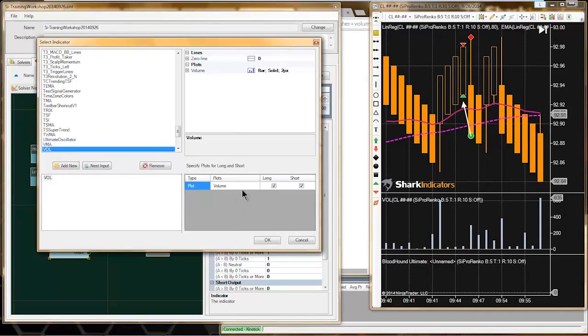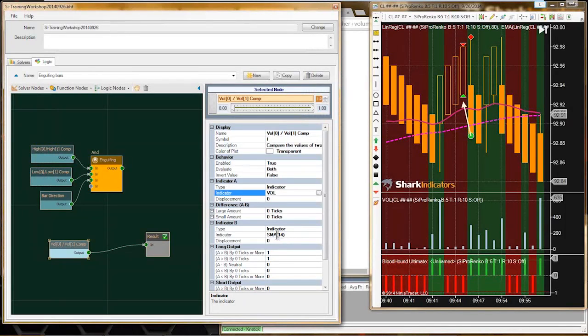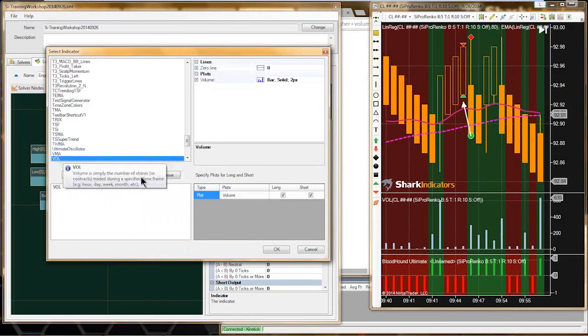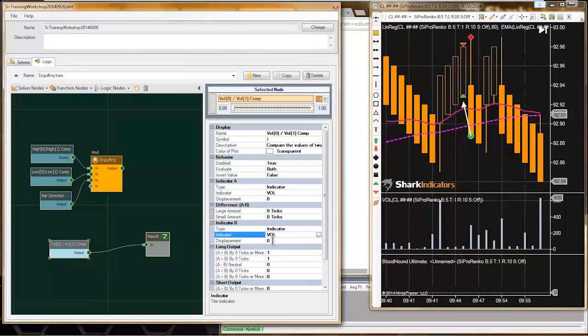There's really nothing to do with the volume indicator. There's only one plot out, so we just leave it alone, and come down and change this one to the volume indicator, like so. And remember, this one needs to be looking at the volume one bar back, so we're going to change our displacement to 1 here.